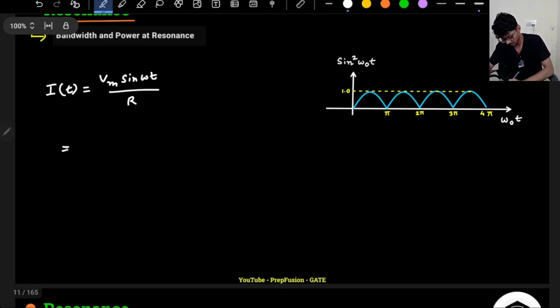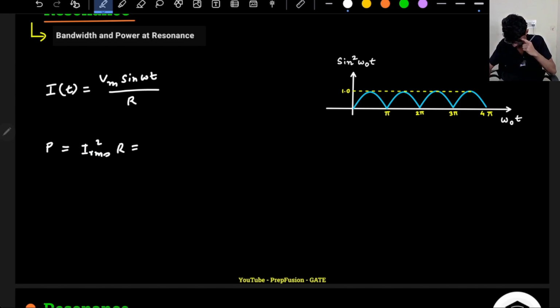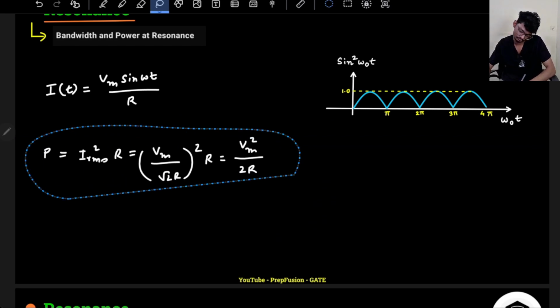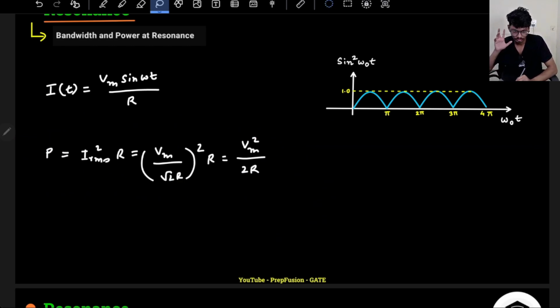This is the voltage or the current signal. Power will be Irms whole square into R. So it will be Vm by root 2 R whole square into R. So this will be Vm square divided by 2R. This is the power basically.